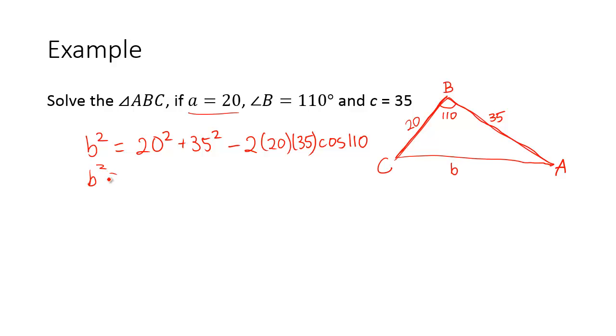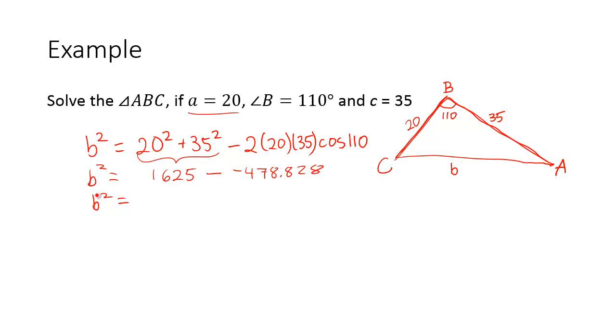So we have b squared is equal to 20 squared plus 35 squared, which that part gives us 1625, minus 2 times 20 times 35 cos 110, which is negative 478.828.